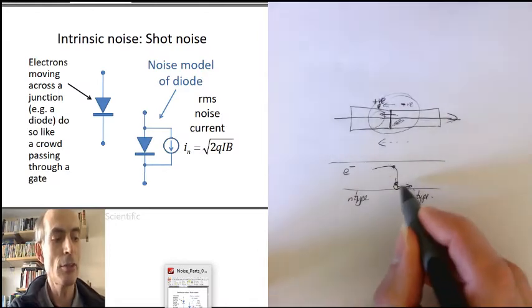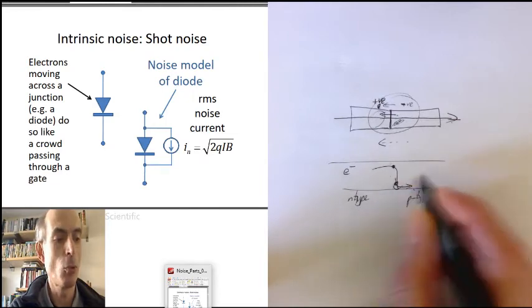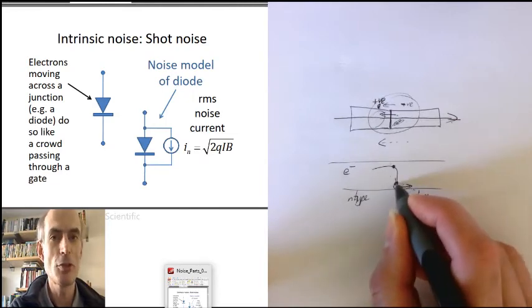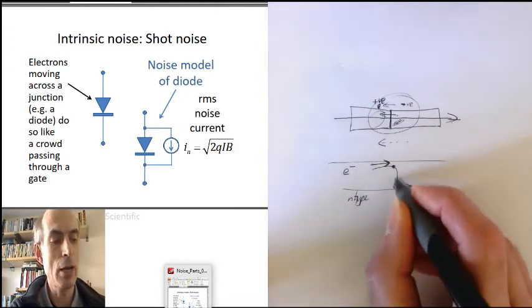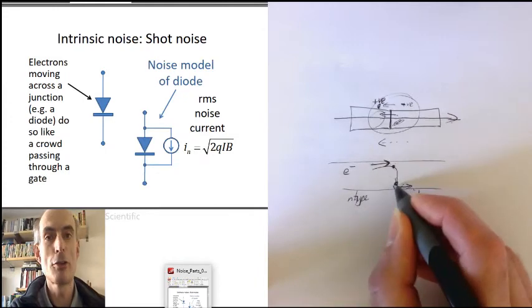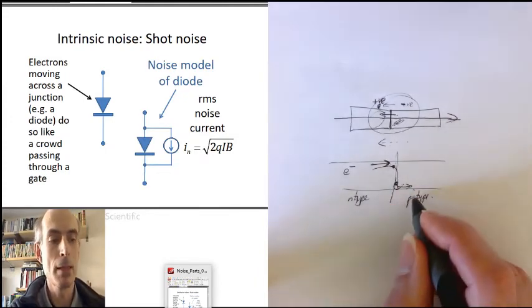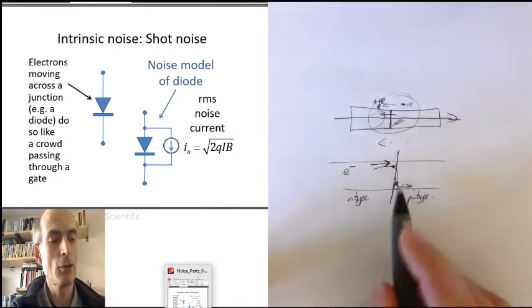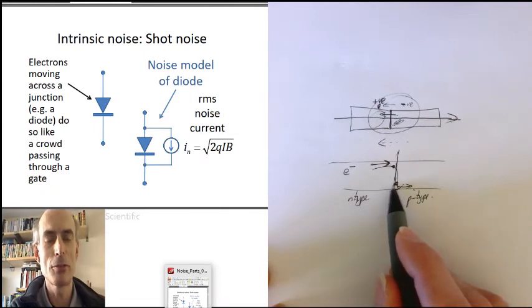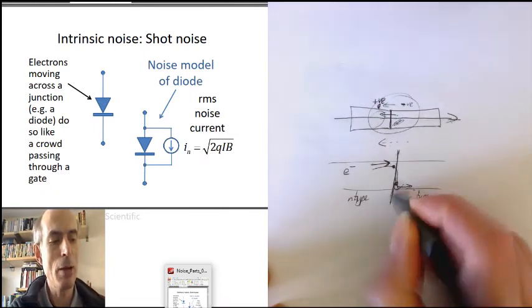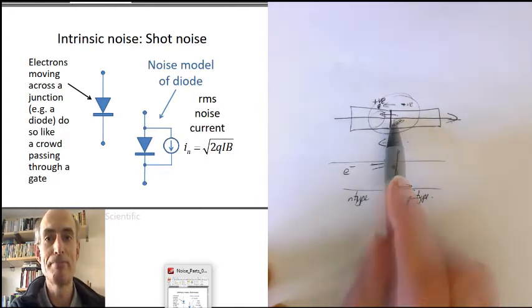Any slight increase in the number of electrons that go over in a small interval of time isn't going to change the fact that the electrons up here are able to jump down from the conduction band to the valence band as they move across this PN boundary. So that's why we get shot noise in a diode and in transistors and other semiconductor circuits where you have this net boundary, but not in a wire or a resistor.